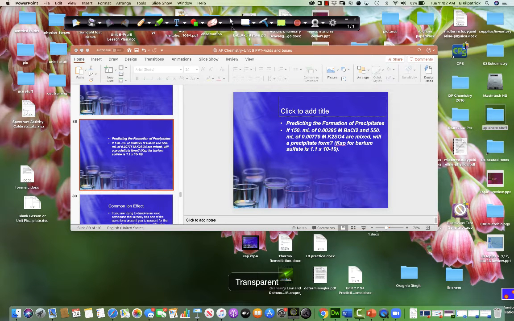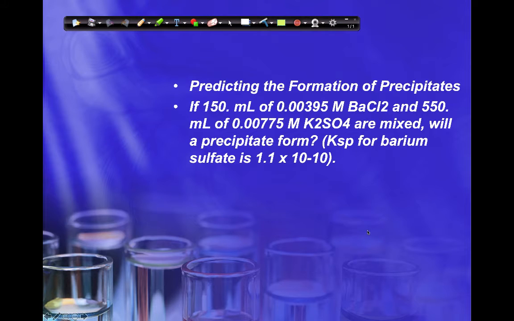So let's look at a scenario that you might encounter if you have a KSP problem. If we want to predict whether a precipitate will actually form, the first thing you need to decide is, do you have a product that's insoluble?